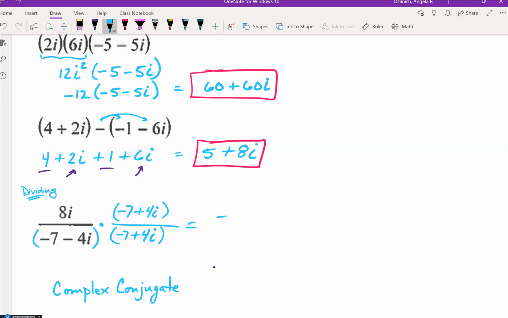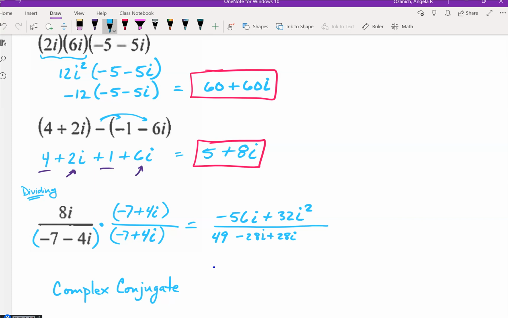It looks like we're going to have a negative 56i plus 32i squared. And remember, we're going to be doing something special with that i squared here in just a minute. In the denominator, negative 7 times negative 7 is my positive 49. And here's where I'm getting my minus 28i and my plus 28i that are going to cancel as I'm multiplying these two binomials together.